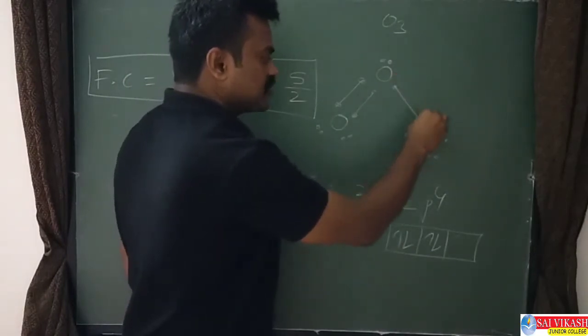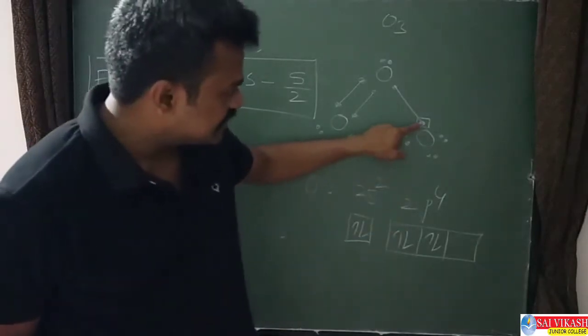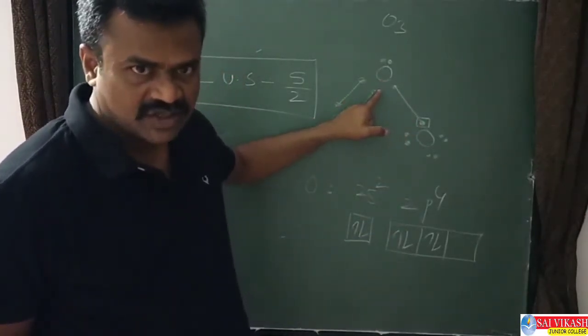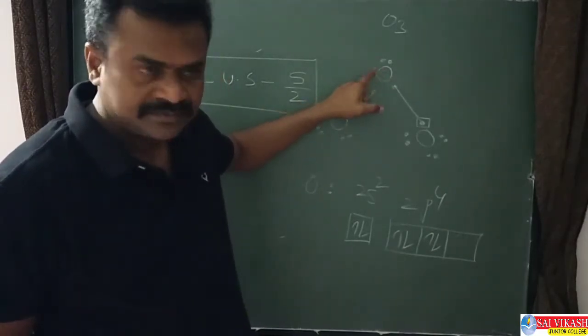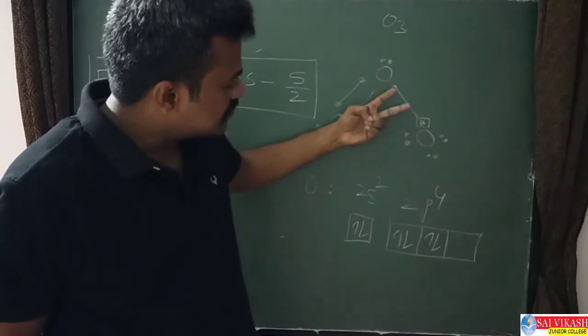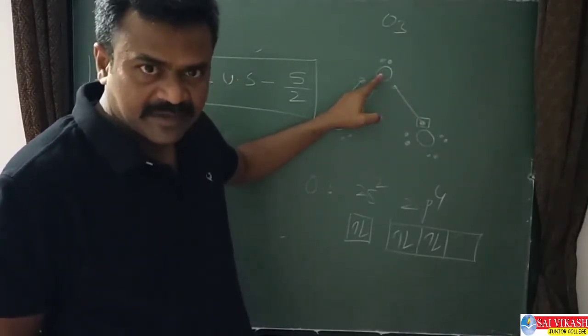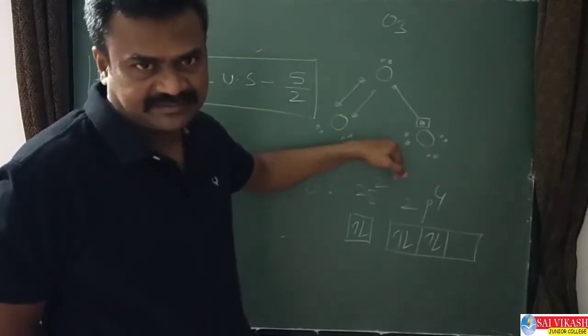These two are mutually sharing now. Actually this electron belongs to this oxygen atom, and this electron also belongs to this oxygen atom. The two electrons belong to this oxygen atom only, and these electrons are involved in the bond formation.